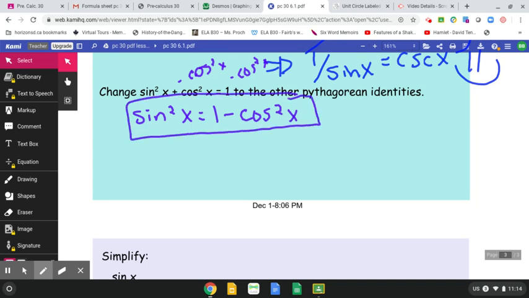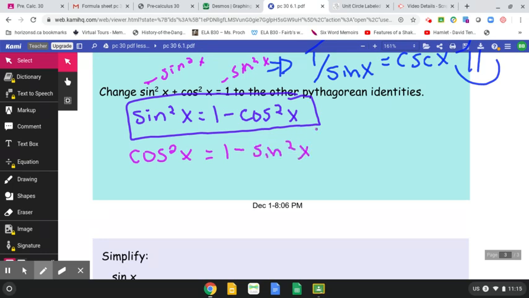You could also leave it how it was. And what else could I subtract? I could subtract the sine squared x, exactly. So minus sine squared x. Then if I manipulated it that way, I'd get cos squared x equals 1 minus sine squared x.